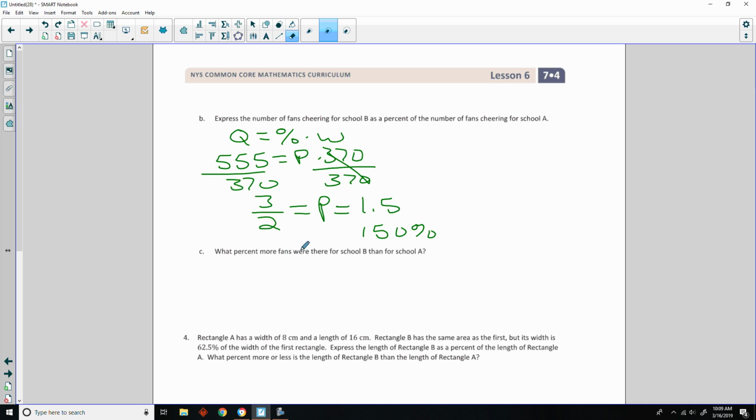It says, what percent more fans were there for B than for A? Okay, well, if A was 100% and B was 150%, then that is 150% minus the 100%. Therefore, that is a difference of 50%. So there are 50% more fans cheering for school B than there were for school A.